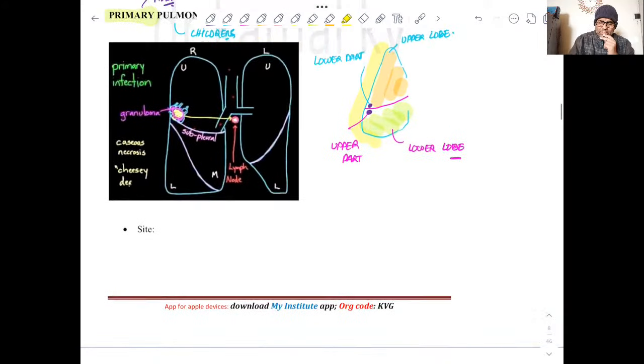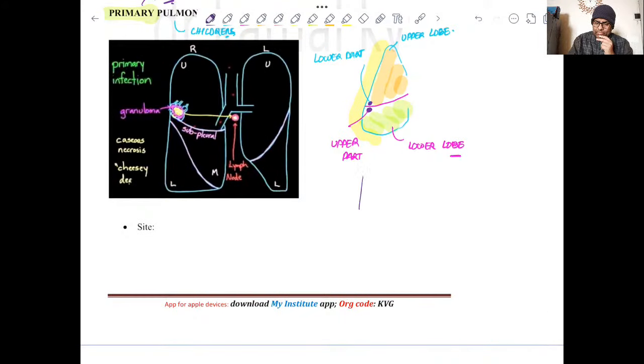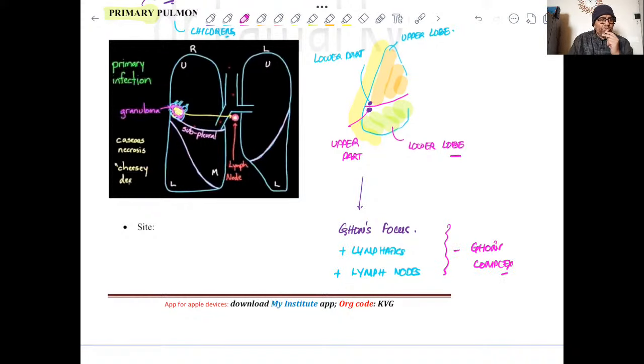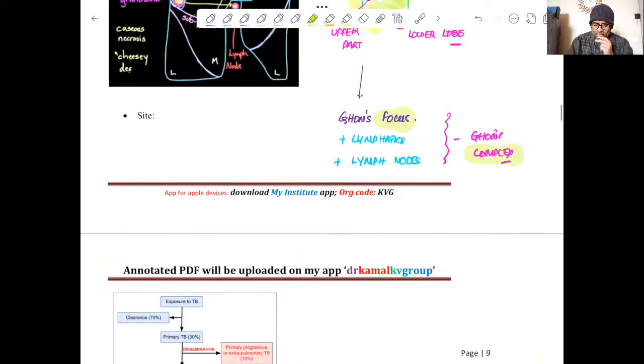Now this will heal, and this will lead to formation of Ghon's focus, and if we include lymphatics plus lymph nodes, it becomes Ghon's complex. Clear? So I think one should not confuse between what is Ghon's focus and what is Ghon's complex. Don't get confused in this.